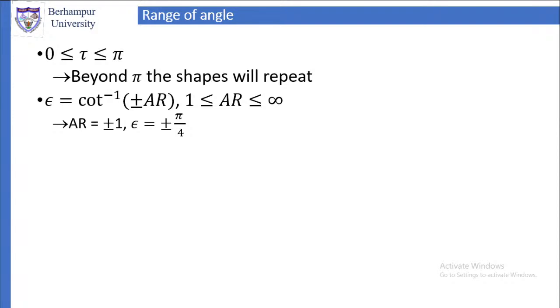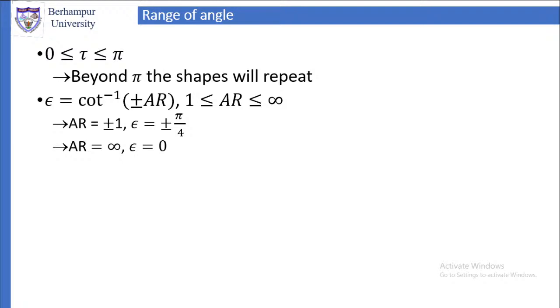Between these two regions will be the cot of infinity. Cot of pi by 2 will be from cot of minus pi by 4 to plus pi by 4. That will include cot of pi by 2 and 0, which will give us AR is equal to infinity. So AR is equal to infinity, which means epsilon is equal to 0.